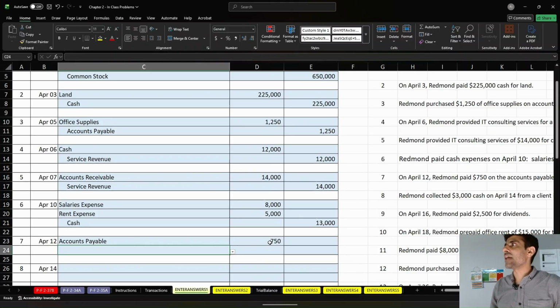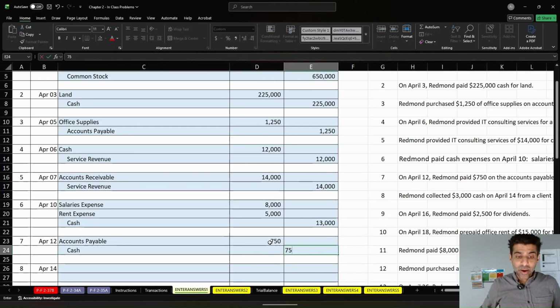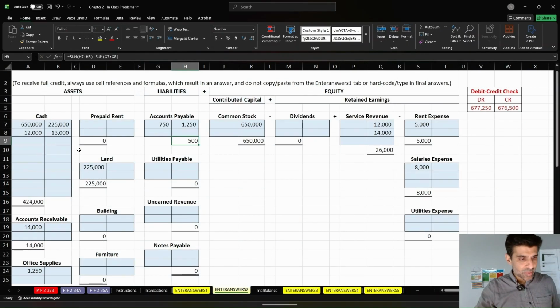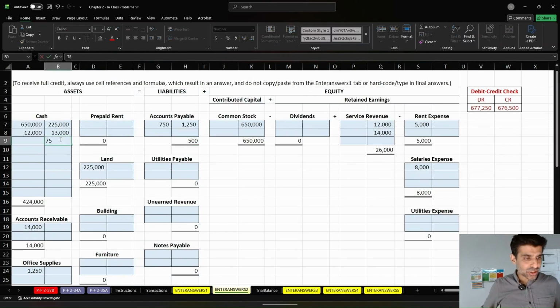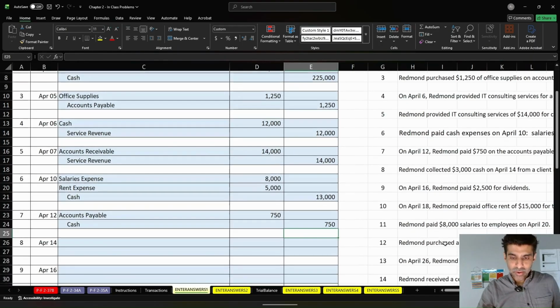What do you use to pay off your debts? Your bank account balance, right? Your cash. So cash is going to go down 750 bucks. Okay? So let me post the other side of that. And I'm making sure that on cash, I'm making sure it's on the right side because that's the credit side. Okay, any questions on that? Everyone got that? Okay. All right, let's keep going.